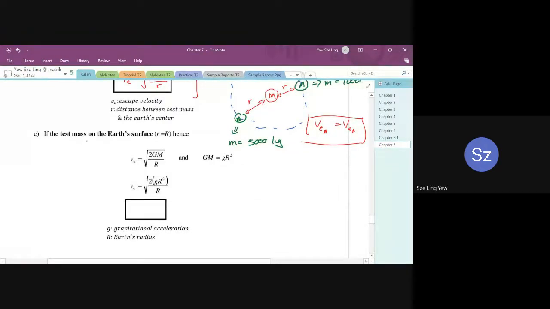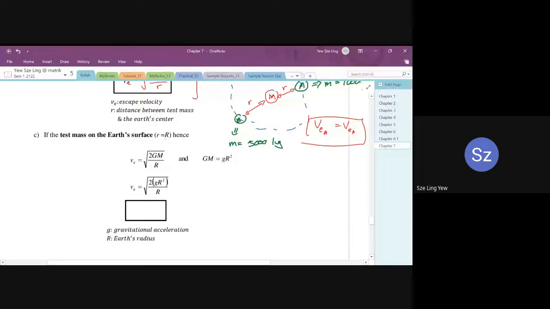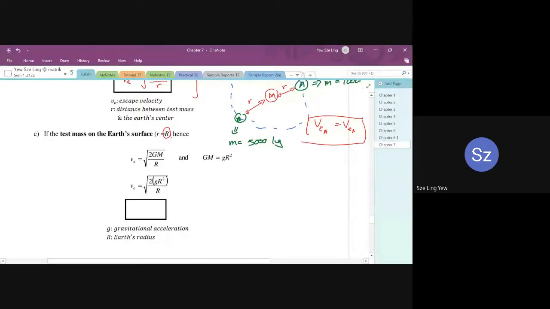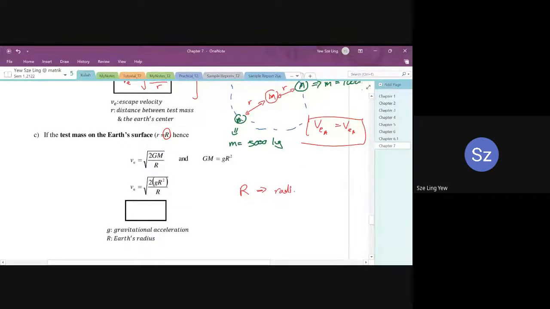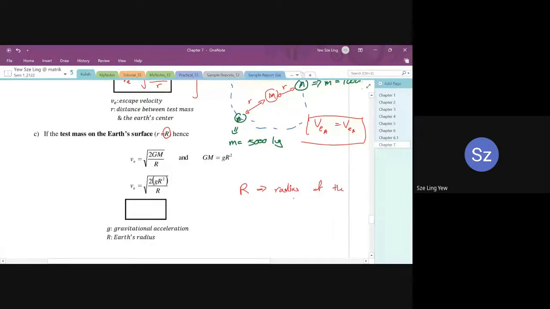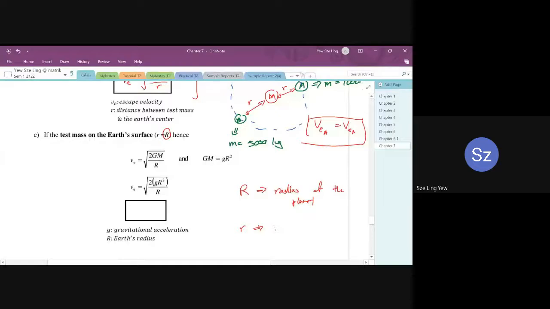Now, if the test mass is on the Earth's surface, then r equals capital letter R. Like I told you just now, capital letter R represents the radius of the planet, and small letter r is the distance between two masses.